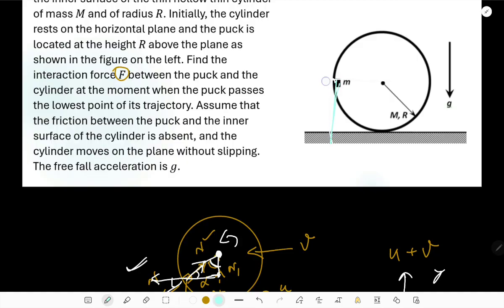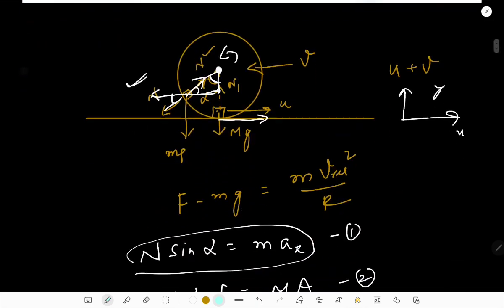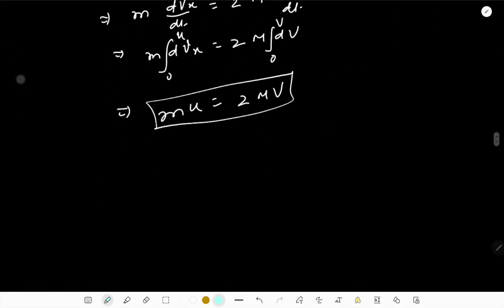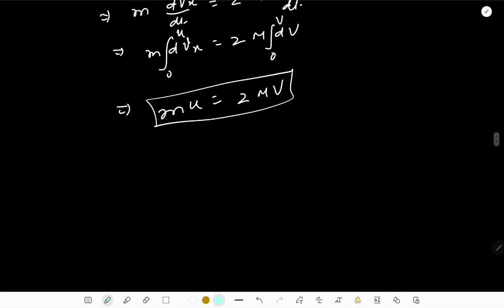So initial energy is completely potential, and in reference to this surface, I can write the initial potential energy simply as mgr, and at the latter moment the potential energy has vanished.